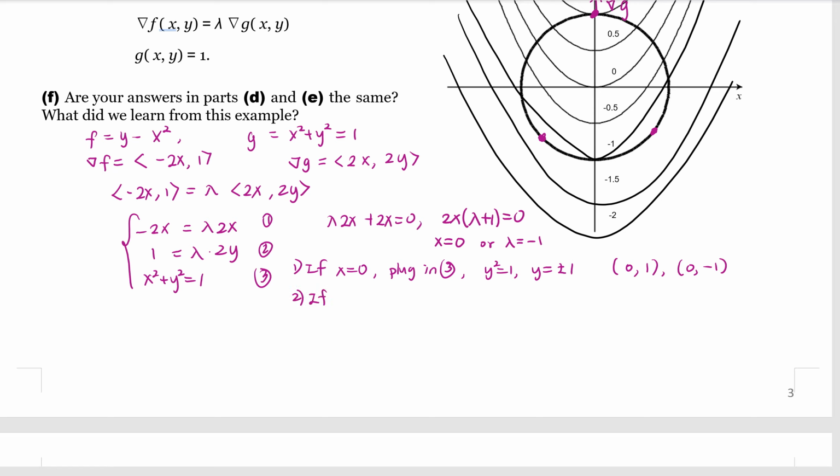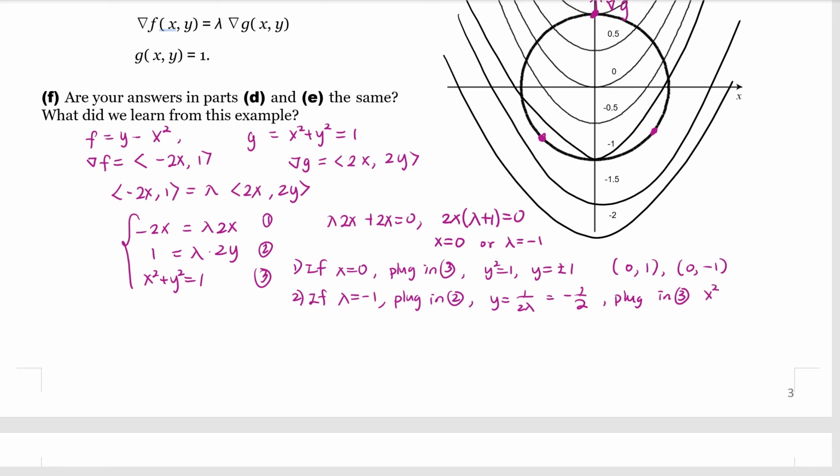If lambda equals minus 1, then which remaining two equation has lambda? The equation 2 has lambda. Then y equals 1 over 2 lambda, but lambda equals -1, so y is -1 over 2. Then we have the y, we plug in 3 to find x.